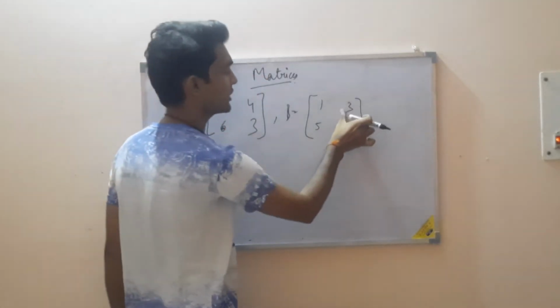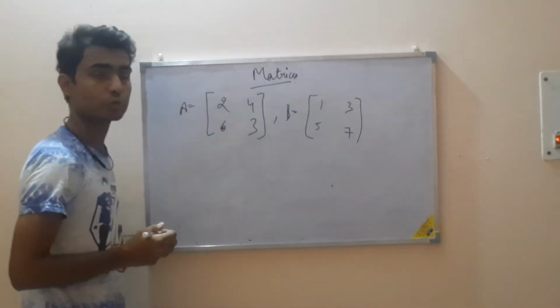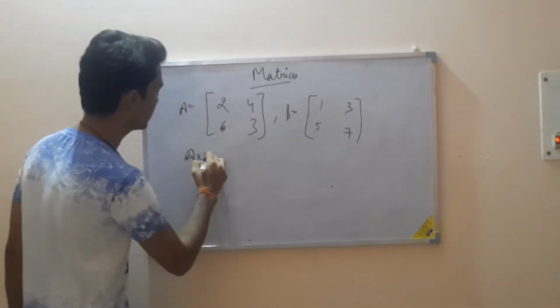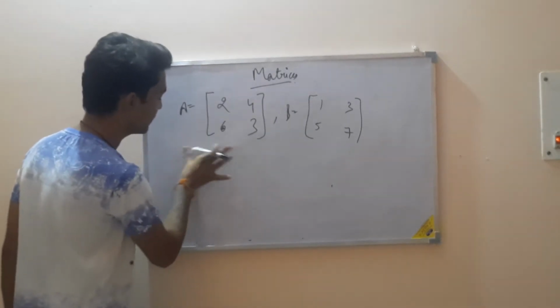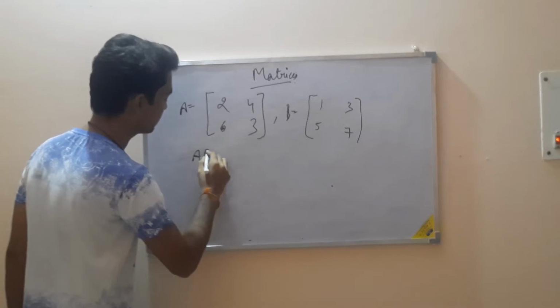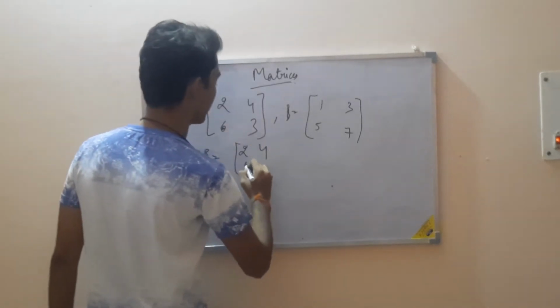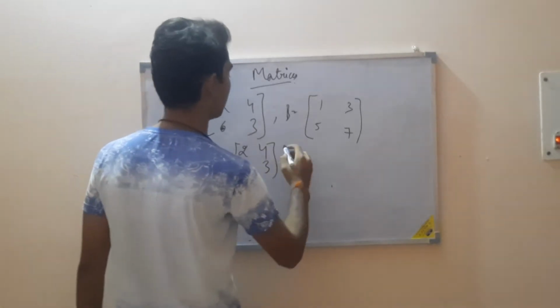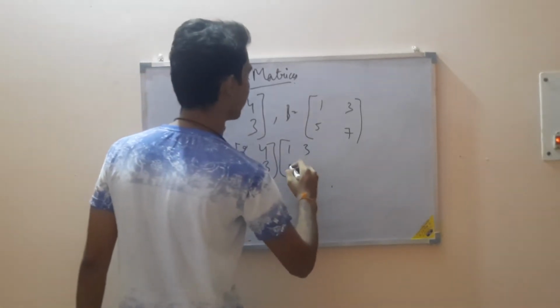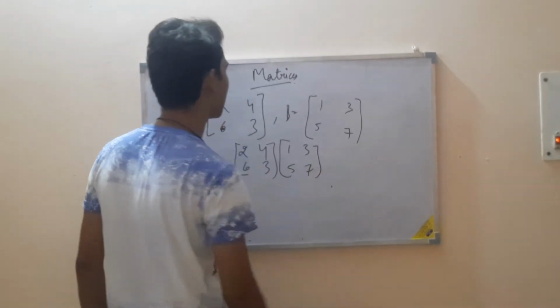For simple calculation let's make it 2 by 2. If we have to find AB, it will be A, 2 4 6 3, times B, 1 3 5 7.